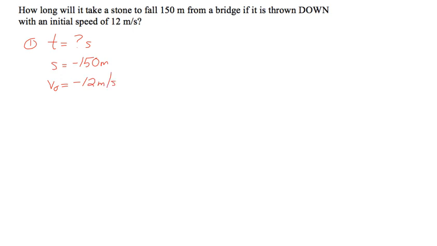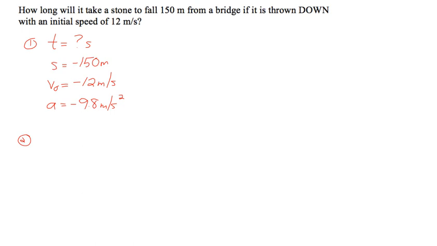Everyone follow that? And now I need a fourth fact. Well, anytime the motion is vertical, what fact do you always know, whether the object is going up or down? Acceleration. So the acceleration is negative 9.8 meters per second squared. And if those are my facts, then the only fact I don't have down is what?